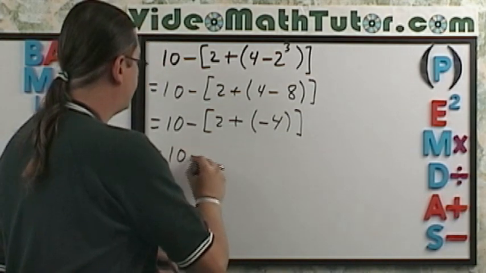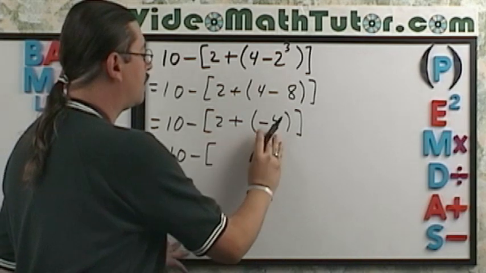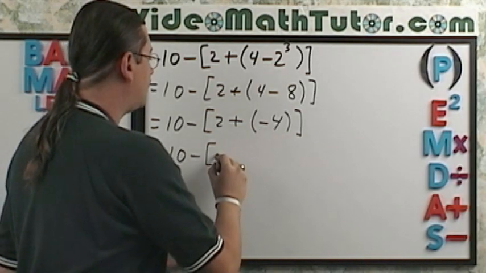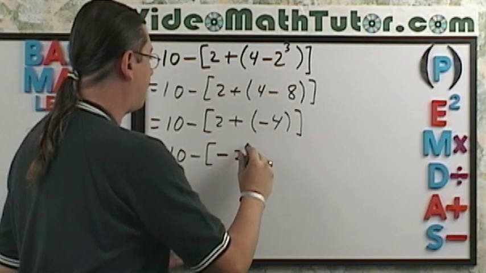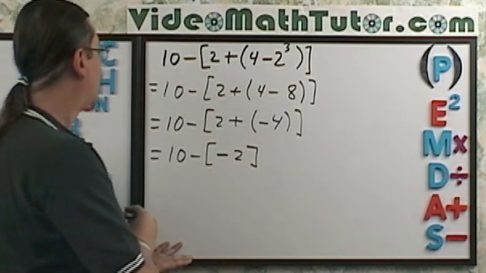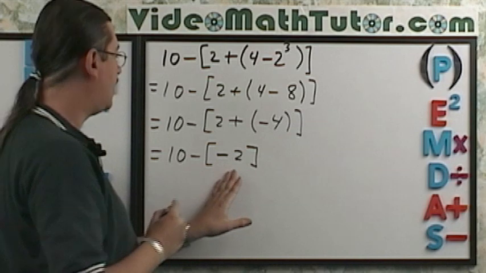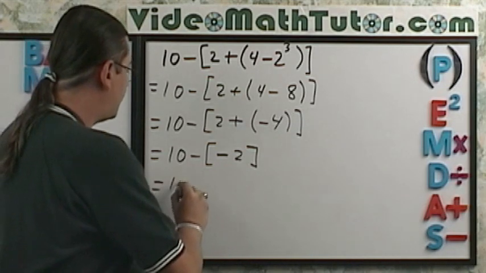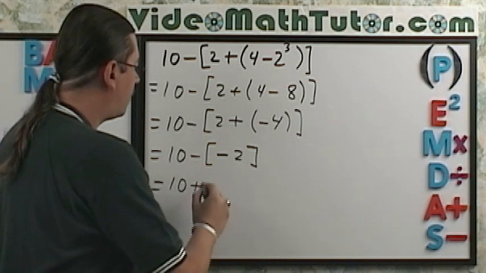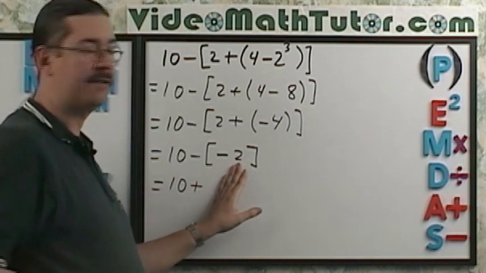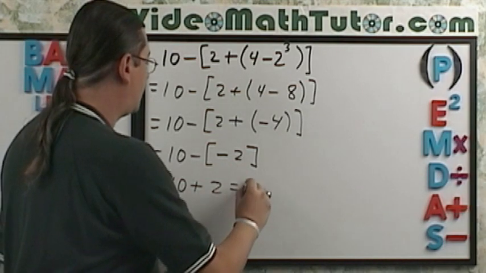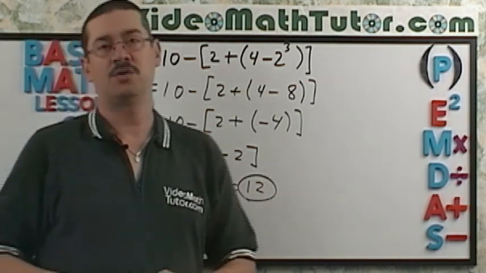So let's do that. 2 plus a -4 is -2. Now let's put this together. Now here's a minus, a negative. So we can use our definition of subtraction and change that into a plus, and we get the opposite of -2, which is 2. So the answer is 12.